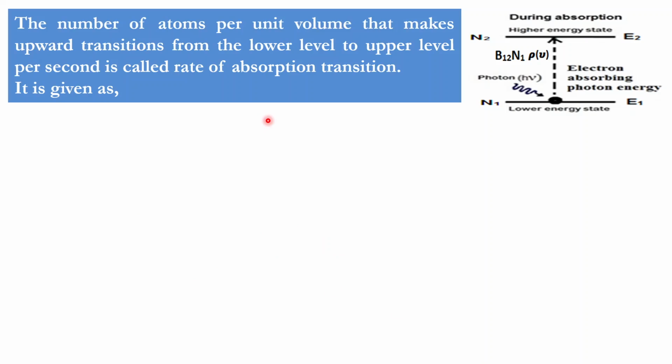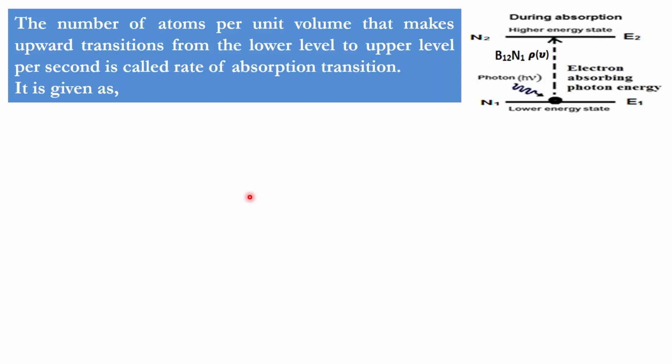Then the number of the atoms per unit volume that make the upward transition from the lower level to the upper level per second is called the rate of the absorption transition. Now that means, when the atoms which are in the ground state absorb the energy, then they go to the higher energy level.